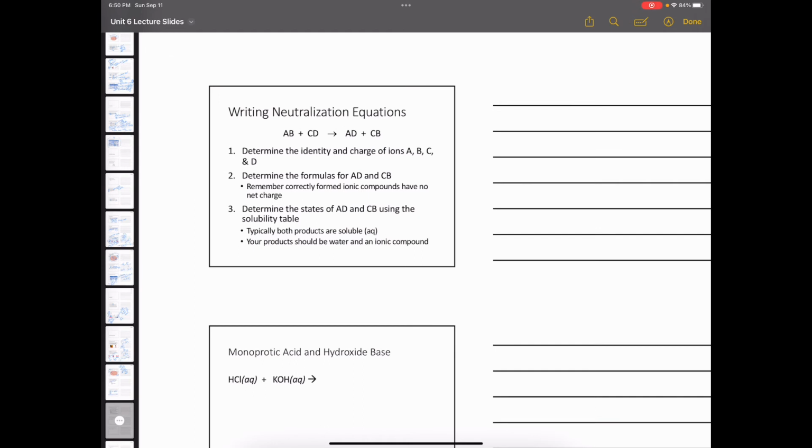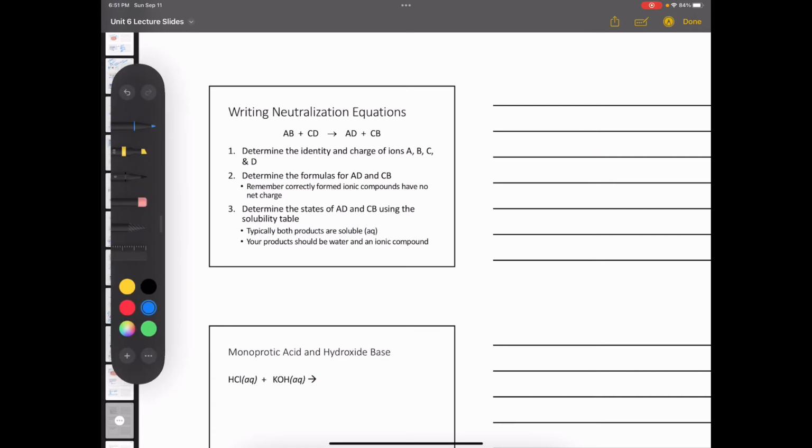Writing a neutralization reaction. So here you are at the exam, or you're trying to do any practice problems, and you have an acid and a base reacting together, and I'm asking you to write the products for this neutralization reaction. Well, here's how you can do it.